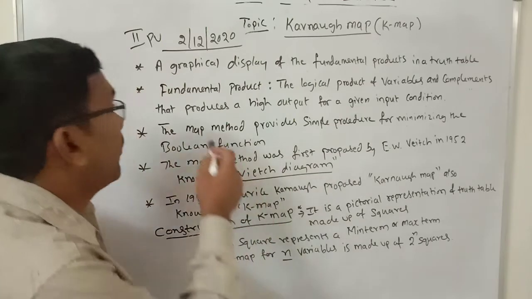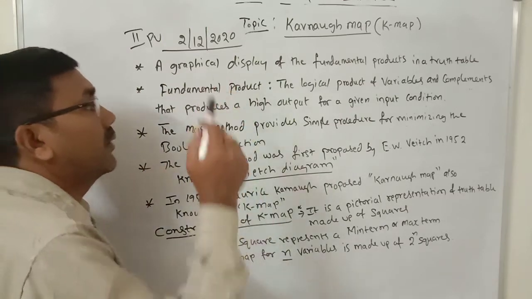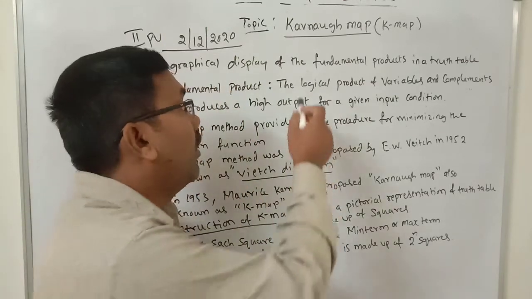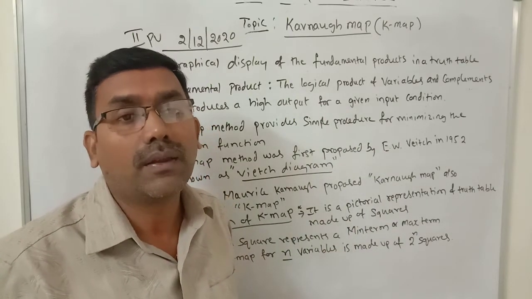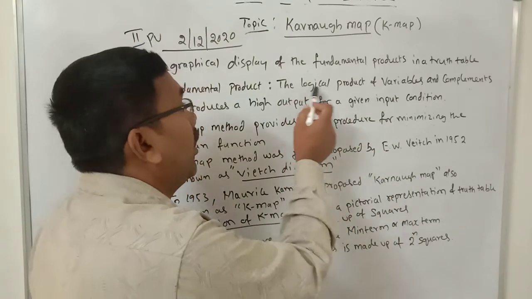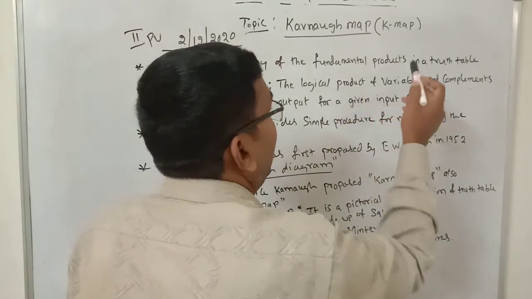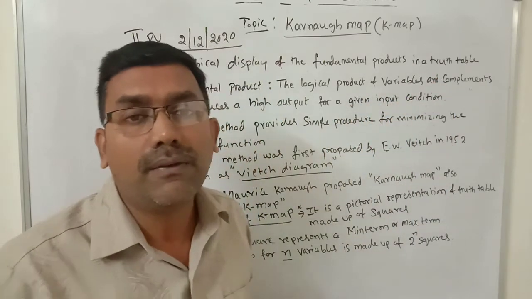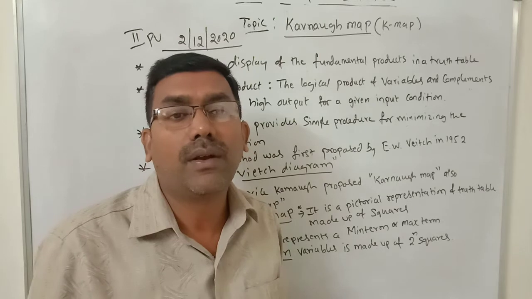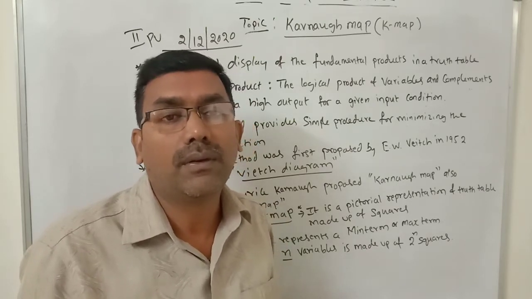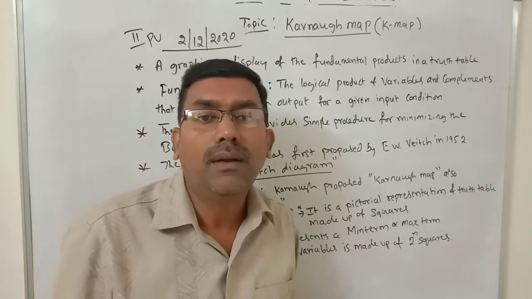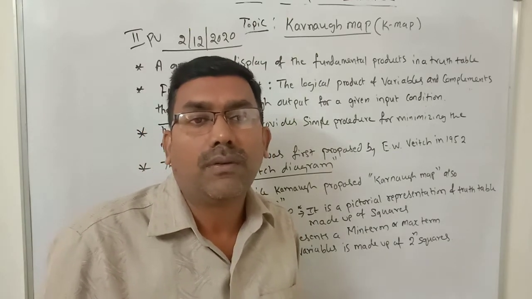What is fundamental products? Fundamental products ಅಂದ್ರೆ ಏನು? It is a logical product, logical multiplication. Product ಅಂತಂದ್ರೆ multiplication. The logical product of variables. Variables ಆಲ್ರೆಡಿ ಹೇಳಿದೀವಿ. ವೇರಿಯಬಲ್ಸ್ ಎಷ್ಟು ಬೇಕಾದ್ರೂ ಇರ್ಬೋದು: 1 ವೇರಿಯಬಲ್, 2 ವೇರಿಯಬಲ್ಸ್, 3 ವೇರಿಯಬಲ್ಸ್ ಅಥವಾ 4 ವೇರಿಯಬಲ್ಸ್. ನಿಮಗೆ ಮಿನಿಮಮ್ 1 ವೇರಿಯಬಲ್ ಇರುತ್ತೆ, ಮ್ಯಾಕ್ಸಿಮಮ್ 4 ವೇರಿಯಬಲ್ಸ್ ಇರುತ್ತೆ ನಿಮ್ಮ ಸಿಲೆಬಸ್ ಅಲ್ಲಿ.